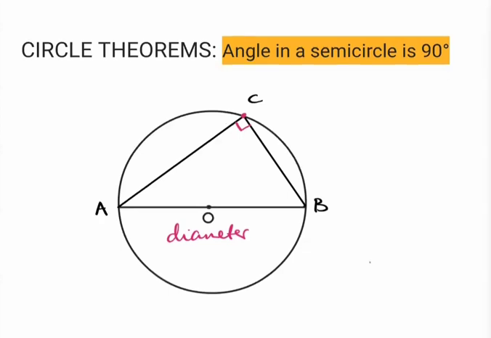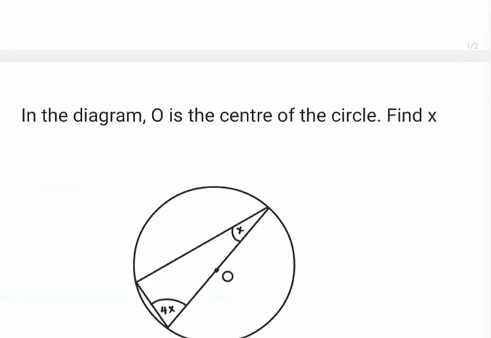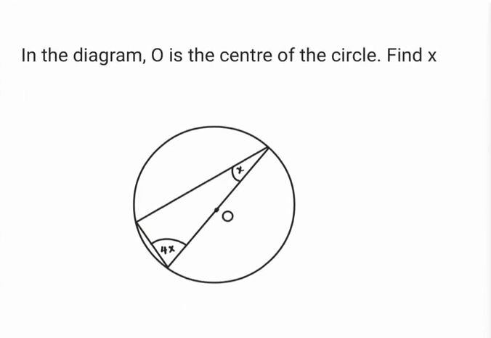Now, I have a quick question here just to show you how to use this theorem in questions. Our question says, in the diagram, O is the center of the circle, find x. Now, if O is the center, what does that tell you? Absolutely, this line is a diameter, right?